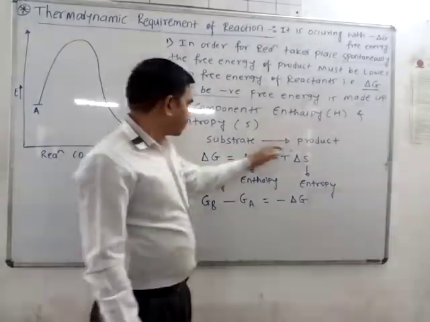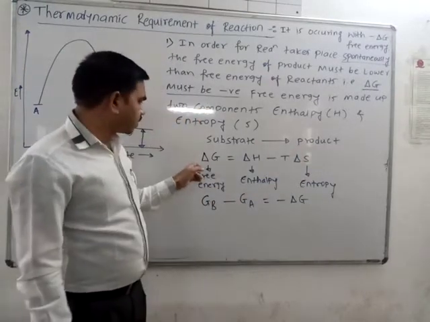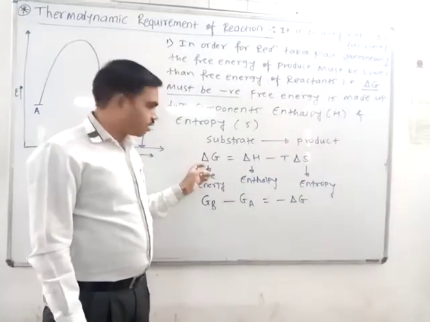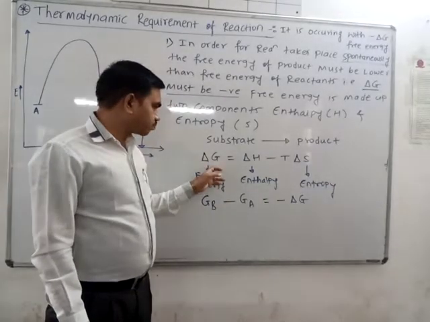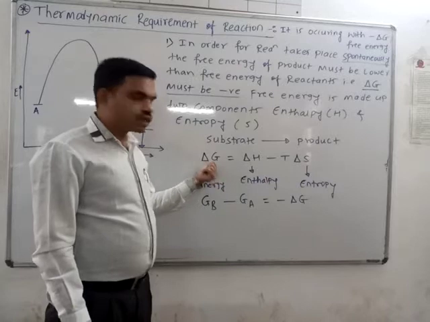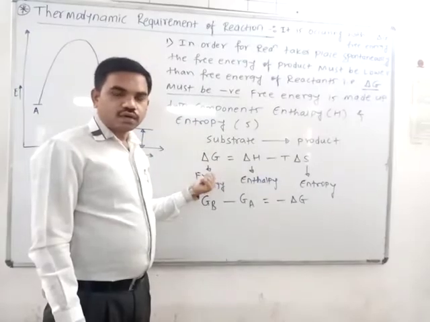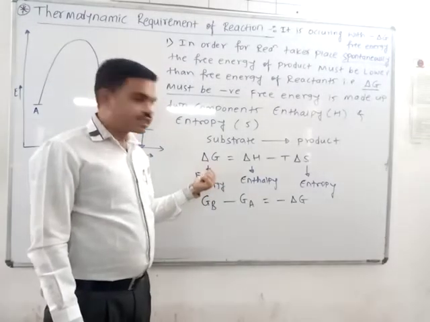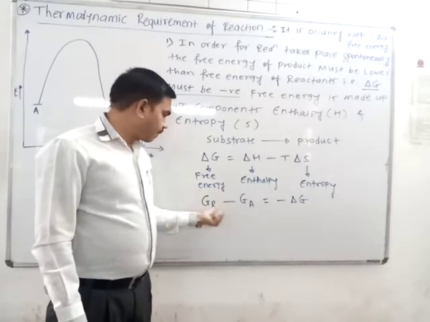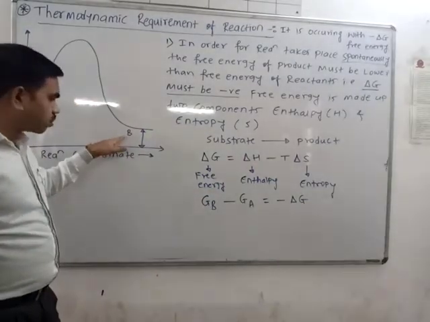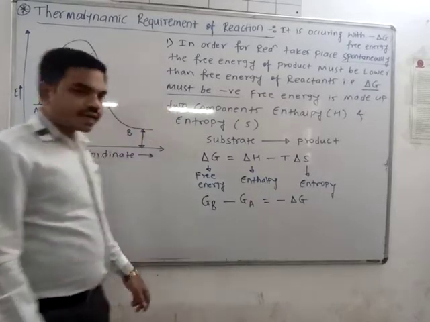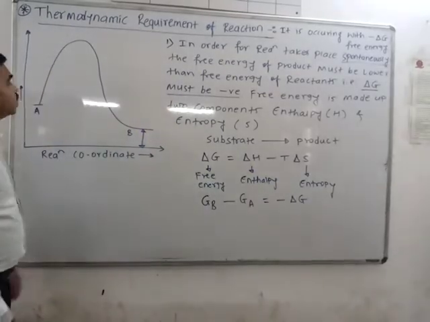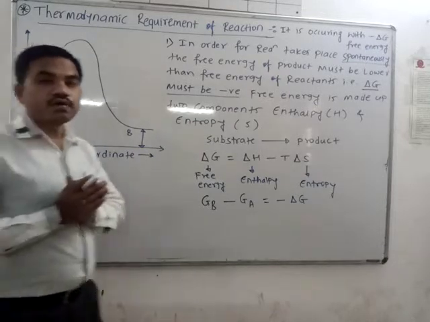So the substrate is converted into product, and you have to remember this equation. This is the thermodynamic equation of the reaction, delta G. So in the thermodynamic requirement of a reaction, delta G is negative. Delta G means the energy of product minus the energy of reactant, and it should be negative. So this is the thermodynamic requirement of a reaction.